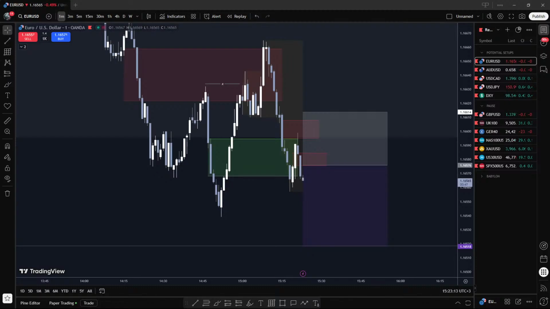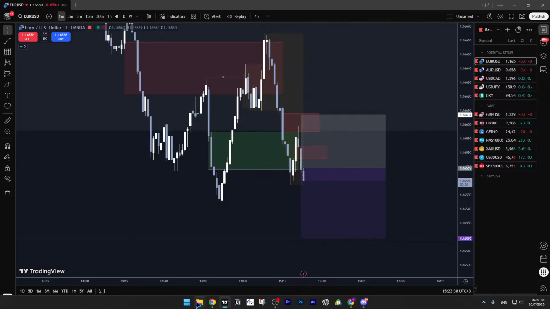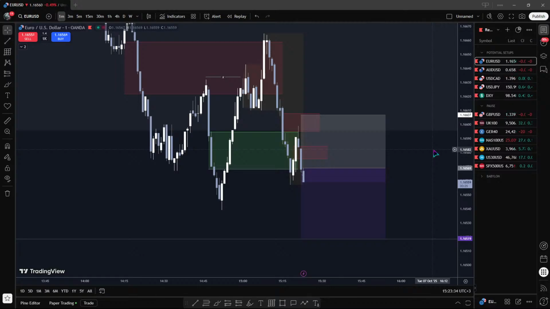I did take it. Let me check. This pretty much is all the confluence I need to be taking this trade. TP at the first low. I can show you my MetaTrader soon. This is pretty much everything I wanted to see.